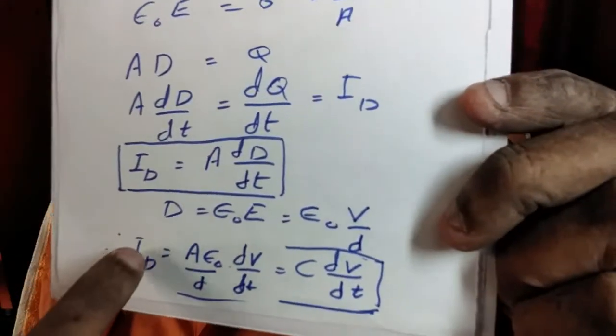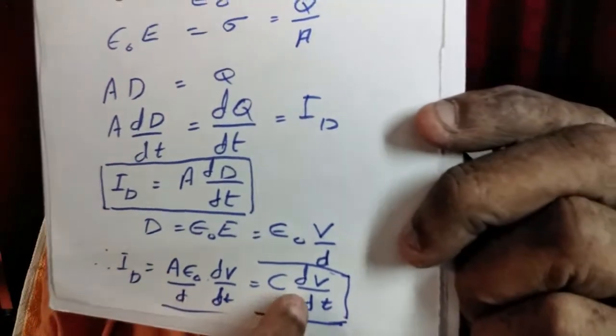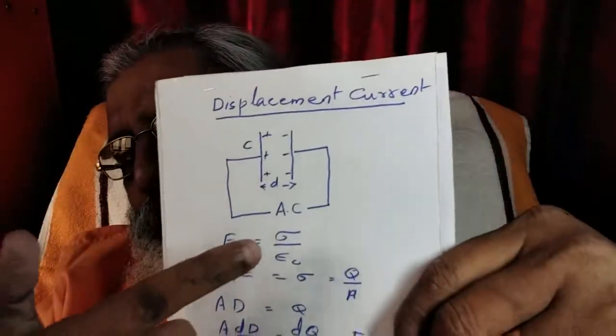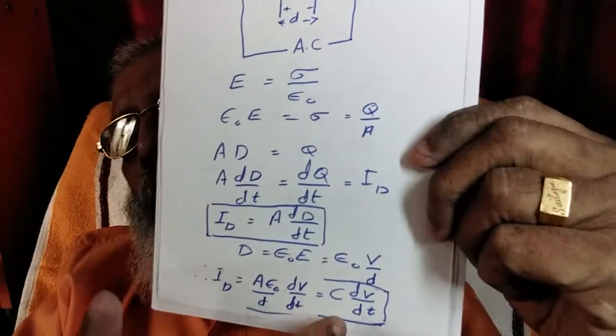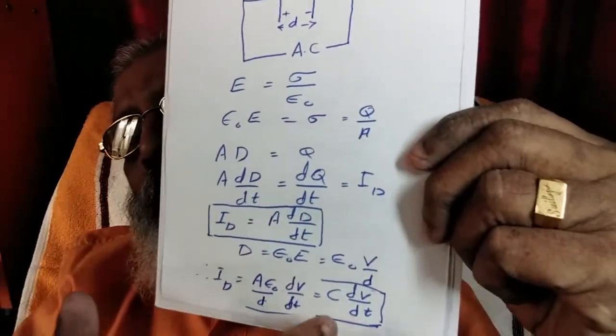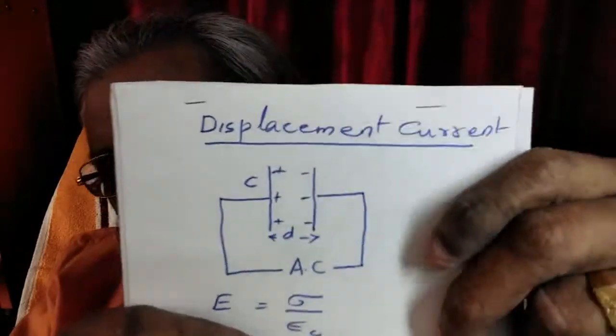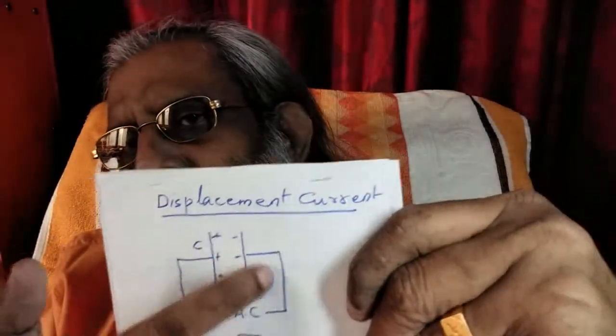This is the result for displacement current through a capacitor. This current is caused by a changing electric field or a changing potential difference. When you apply DC, the potential difference V is constant. That means dV by dt is 0, so the displacement current will also be 0.